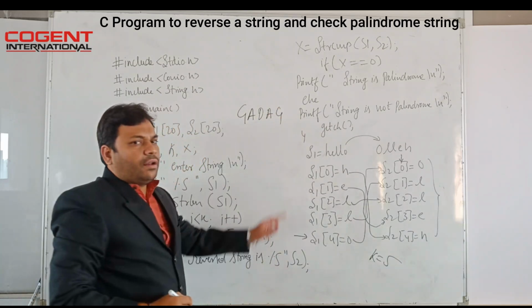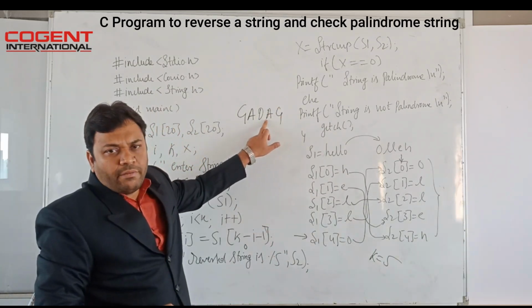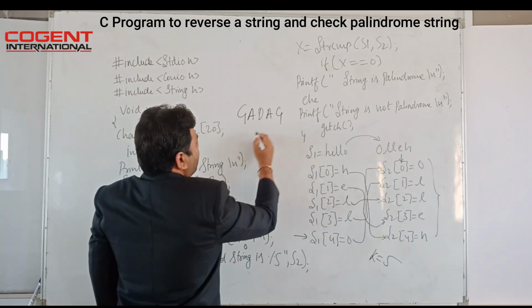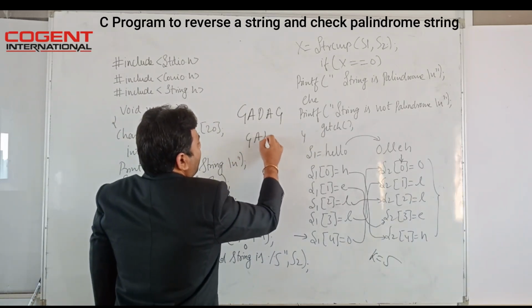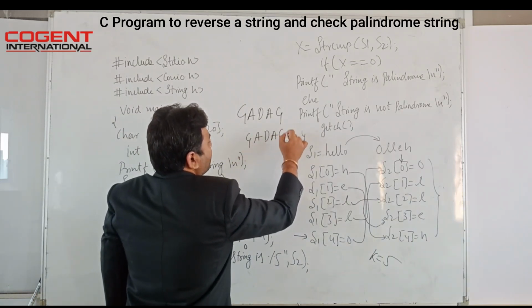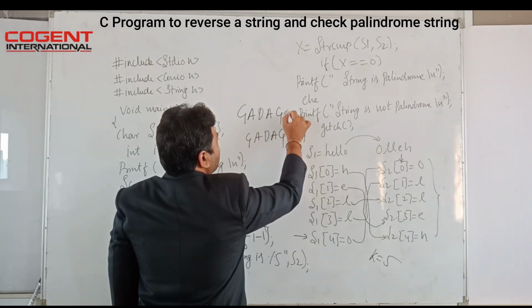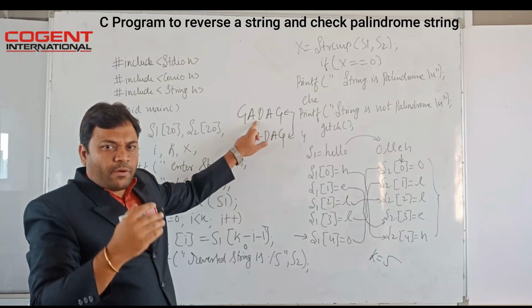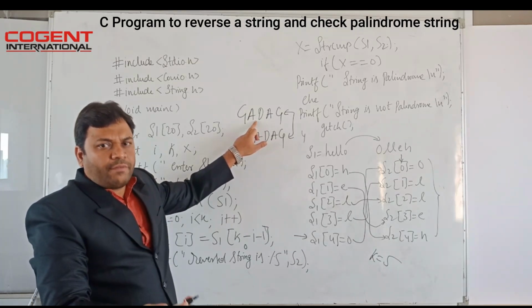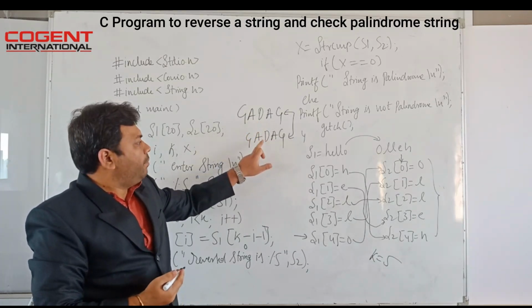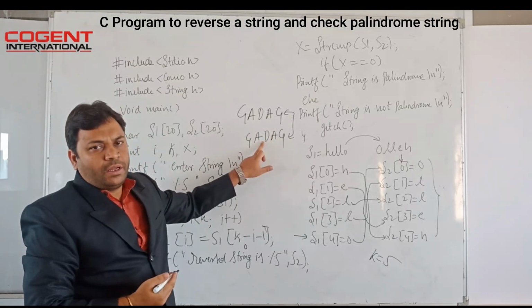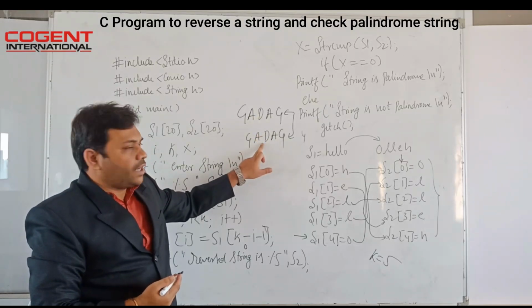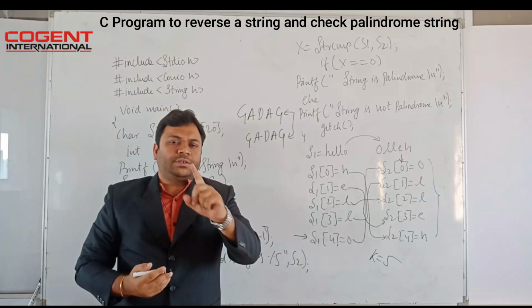If I reverse this string, what will I get? I'll get G A D A G. Both strings are same here. So the original string is Gadag. After performing the reverse of the string, I am getting the original string itself. So this type of string is called a palindrome string here.